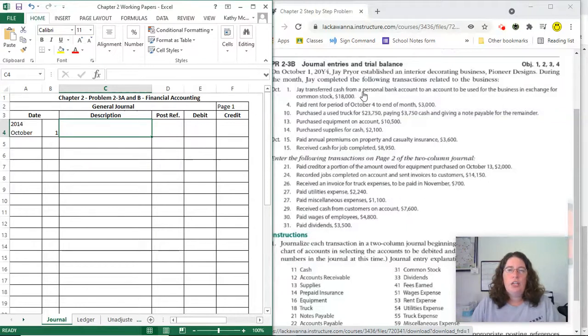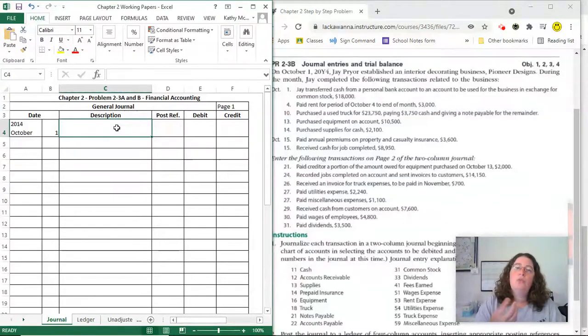Jay transferred cash from a personal bank account to an account to be used for the business in exchange for common stock of $18,000. So Jay Pryor has invested $18,000 into this business, and he is in turn receiving some common stock. Since he is putting cash into the business, that means we're receiving cash. Whenever we receive cash, we're going to debit cash.